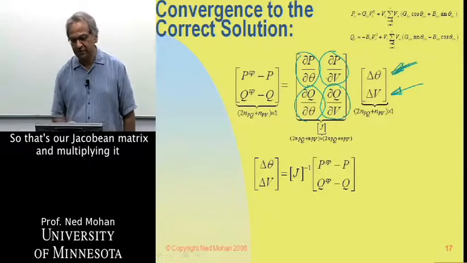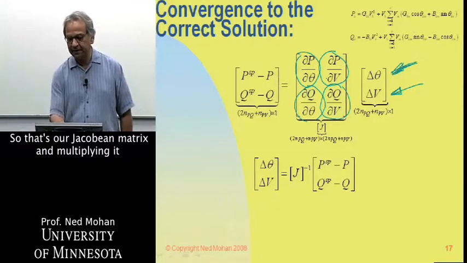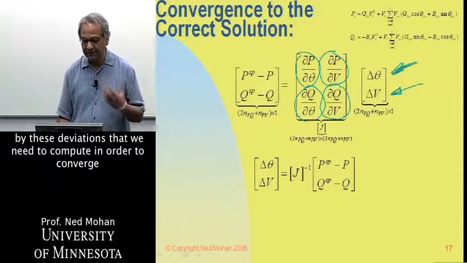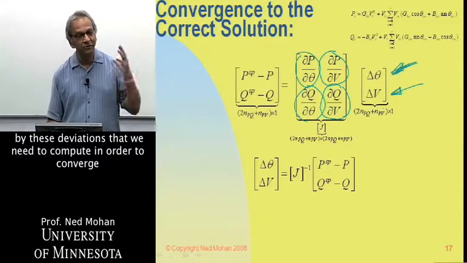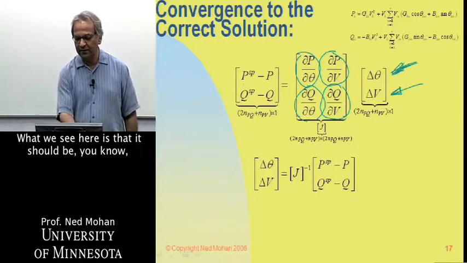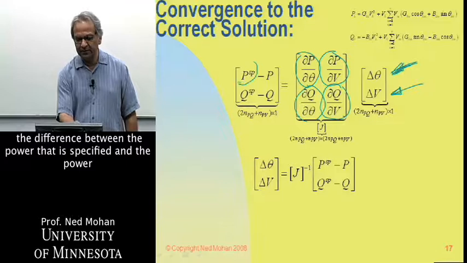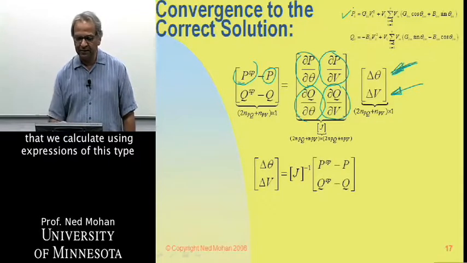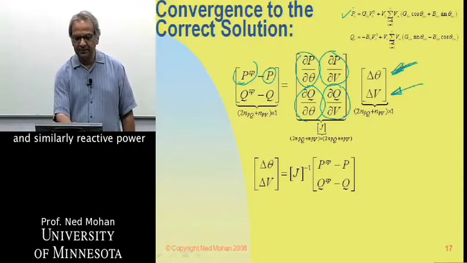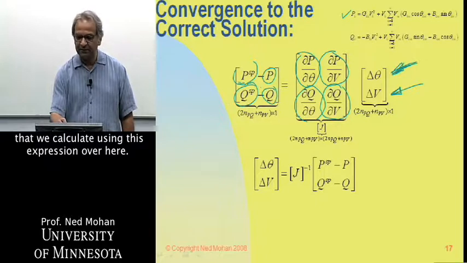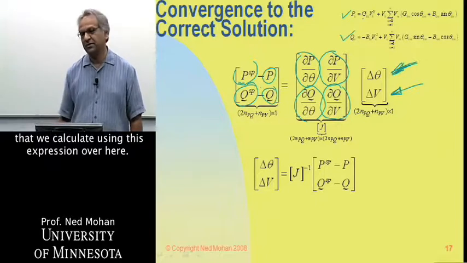So that's our Jacobian matrix, and multiplying it by these deviations that we need to compute in order to converge on the right solution, what we see here is that it should be the difference between the power that is specified and the power that we calculate using expressions of this type, and similarly reactive power that is specified minus the reactive power that we calculate using this expression over here.